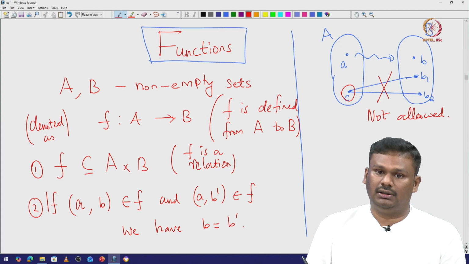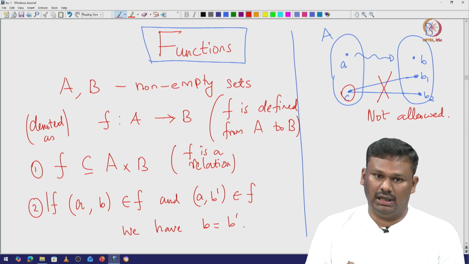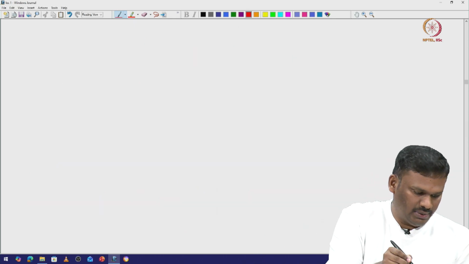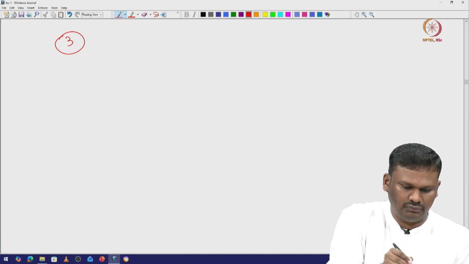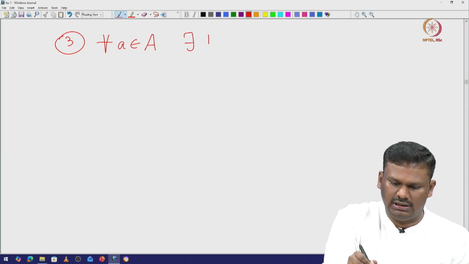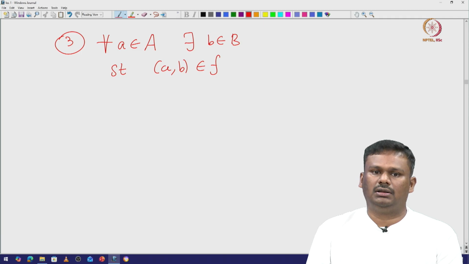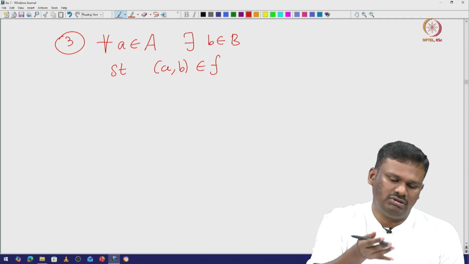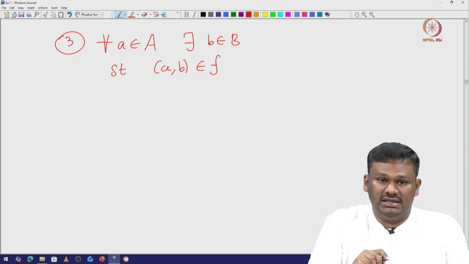And for each element of A, you need to associate an element in B. That is the third property. For all a in A, there exists b in B such that (a, b) is in f. Otherwise, in practice, you do not need to demand this condition 3.